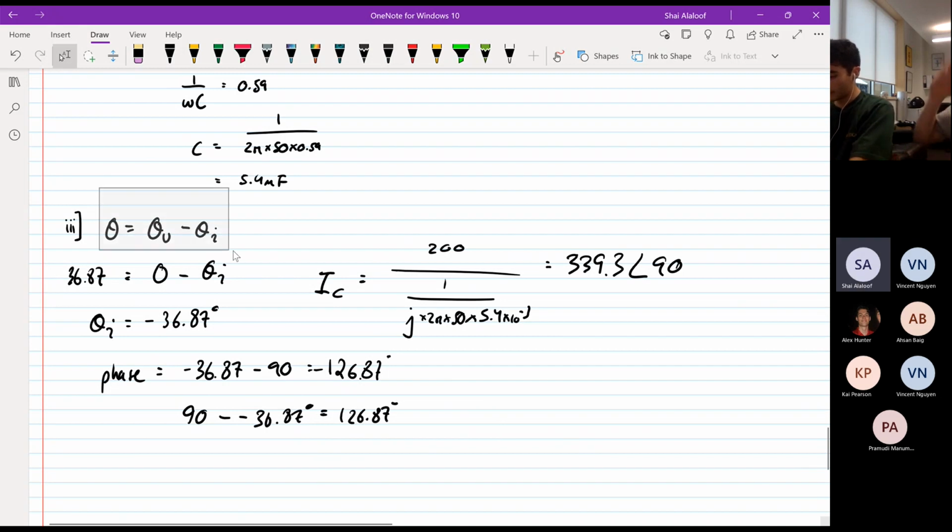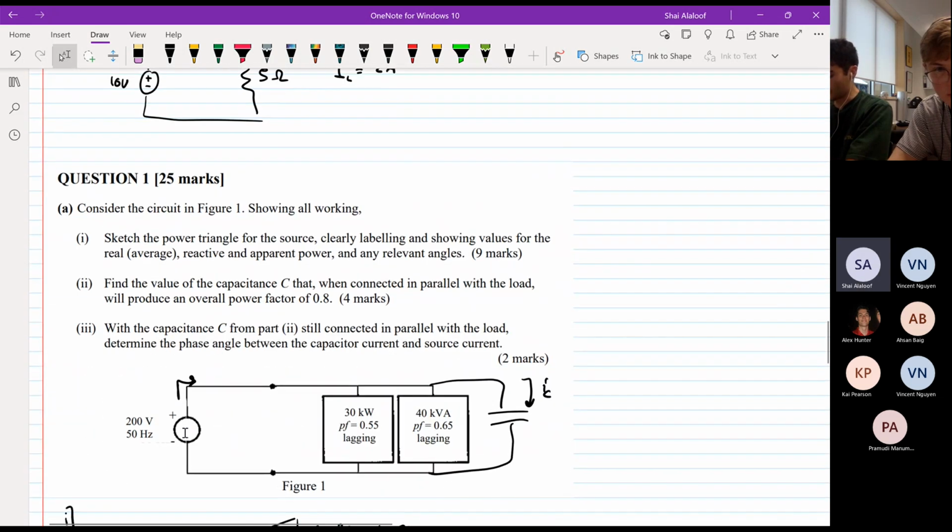Peter, do you have any input? So you've got a source current and then the capacitor current in parallel, and it's asking to determine the phase angle between the capacitor current and the source current. Yeah, that's fine. You have differences in phase between currents. The only requirement is that the voltage and the current be 90 degrees out of phase.